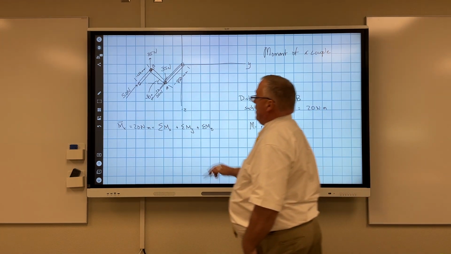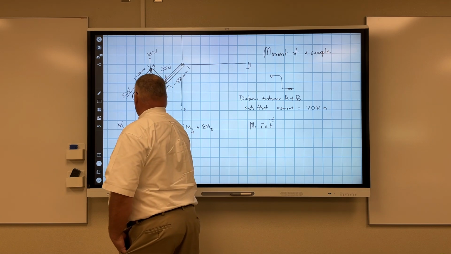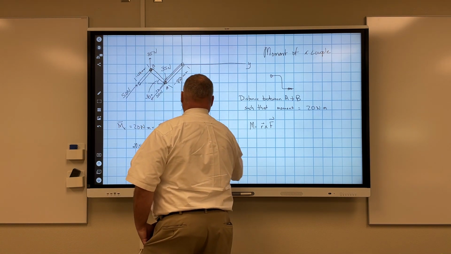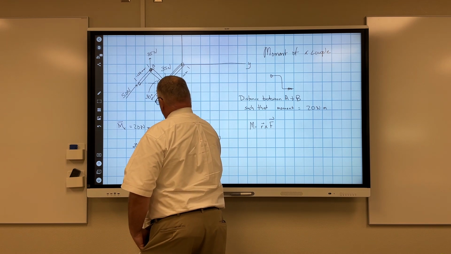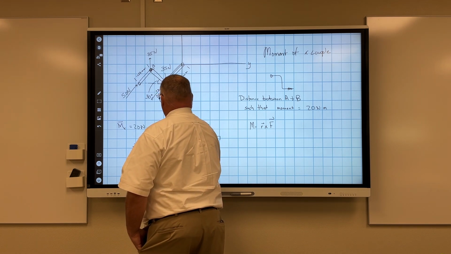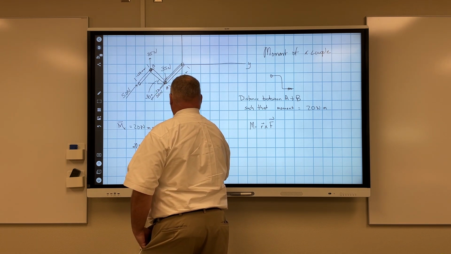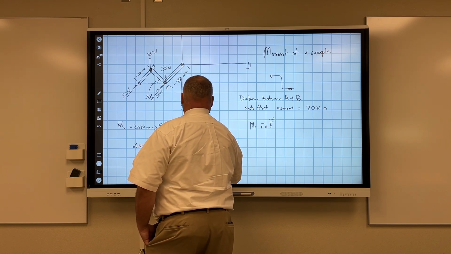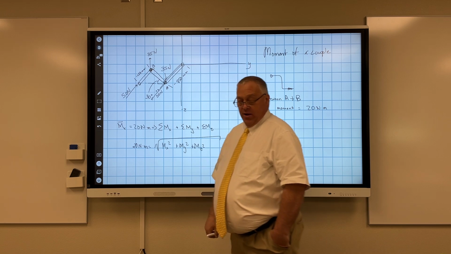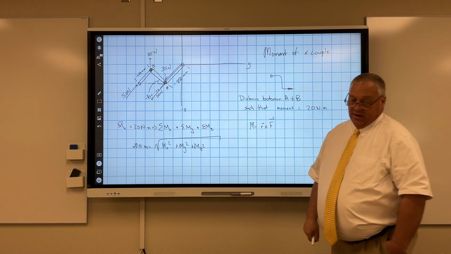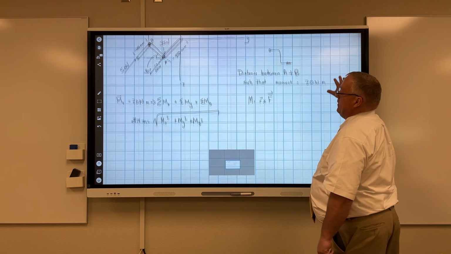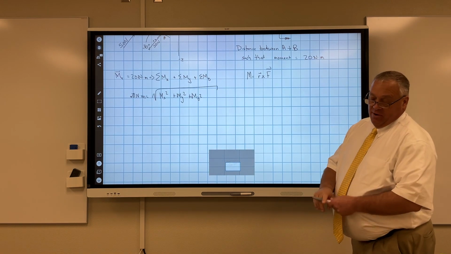Well, we can say that 20 Newton meters is equal to the square root of the X component squared plus the Y component squared plus the Z component squared. So we've got to break it down into our components. We've got to find Mx, My, and Mz. So how do we go about approaching that?